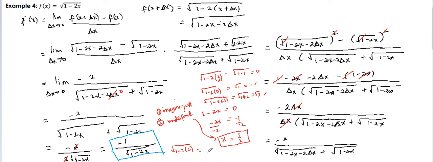Magiging square root of 1 minus 4, which is equal to square root of negative 3. So, ito na, magkakaroon tayo ng tinatawag nating imaginary number. Dito papasok ang ating imaginary number kapag meron tayong x equals 2, no?